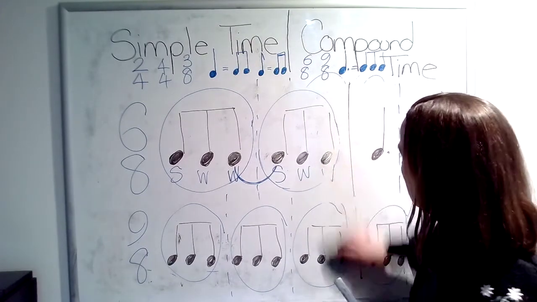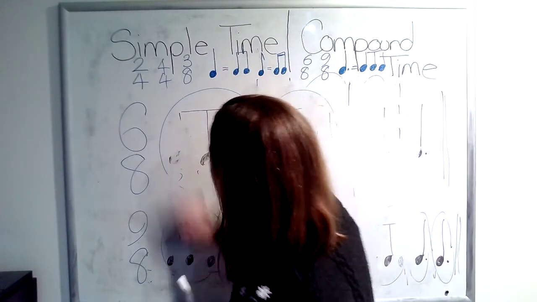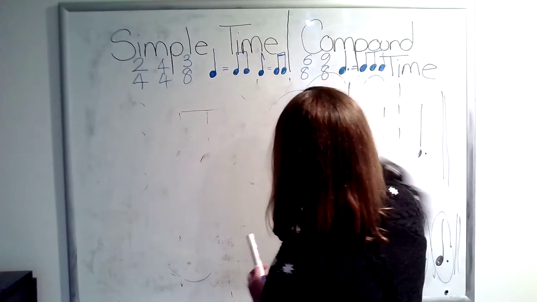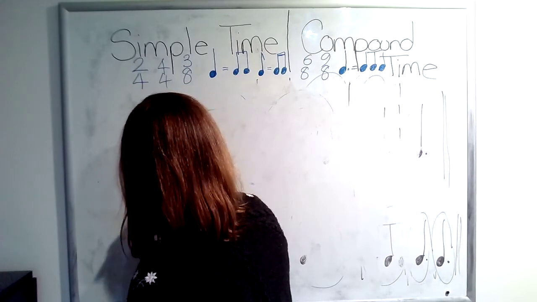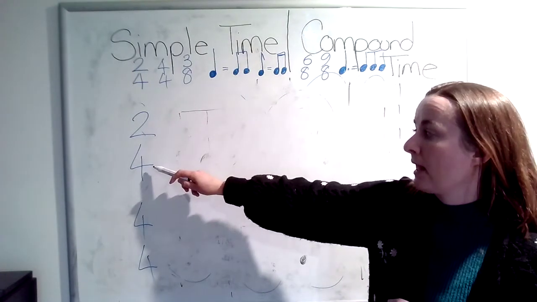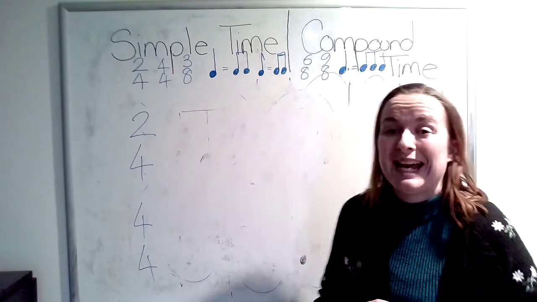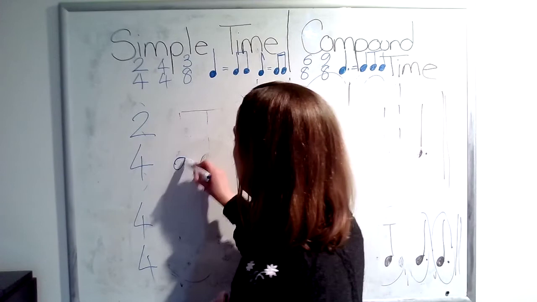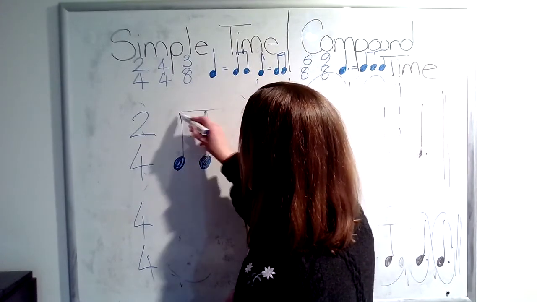Okay, I'm just going to quickly rub some of this out and show you a very quick example of simple time. Okay, so in simple time, I've chosen crotchet time signatures, we have to group the beats into crotchet beats. So I'm going to put in some quavers and I'll show you how to group these quavers correctly.